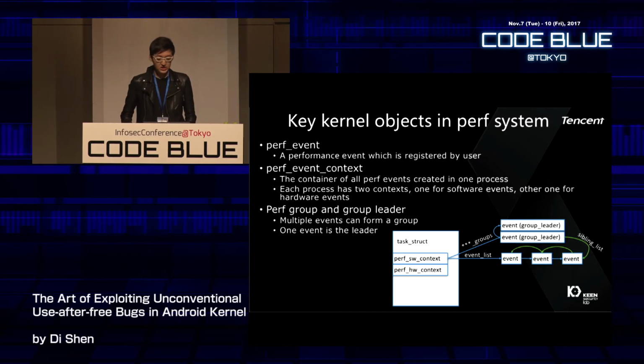As I have already said, multiple events can form a group, and each group must have a group leader. Each perf event context has a doubly linked list for all group leaders and another list for all events in this context. The group leader also has a sibling list linking all other events in this group. Both of the two vulnerabilities I'm going to explain later have a relation to these list operations.